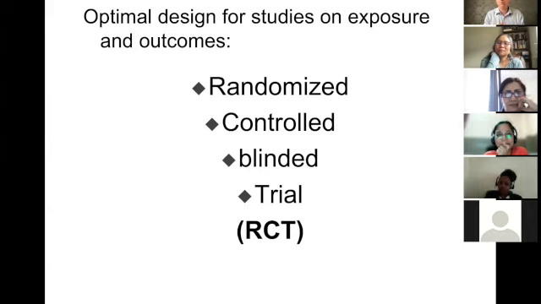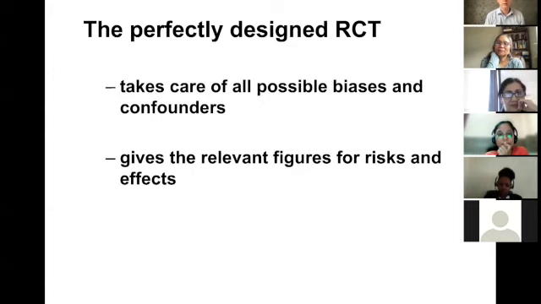Yes, but this is a very special setting which we cannot often use in public health. The perfectly designed randomized clinical trial takes care of all possible biases and confounders. So all disturbing factors, probably in the ideal setting, are not there, and it gives the relevant figures of risk and effects. For example, relative risks, absolute risks.